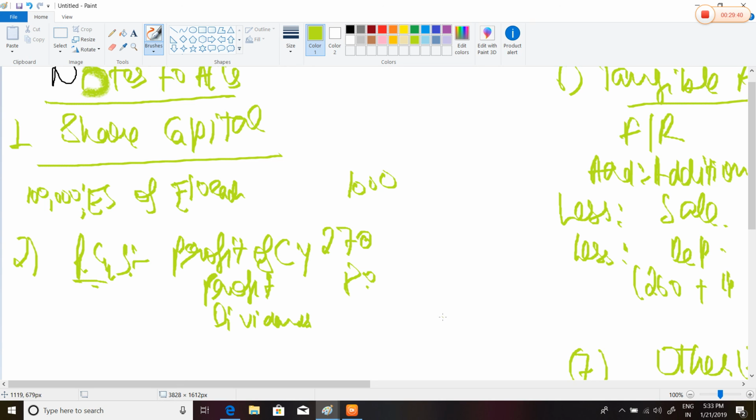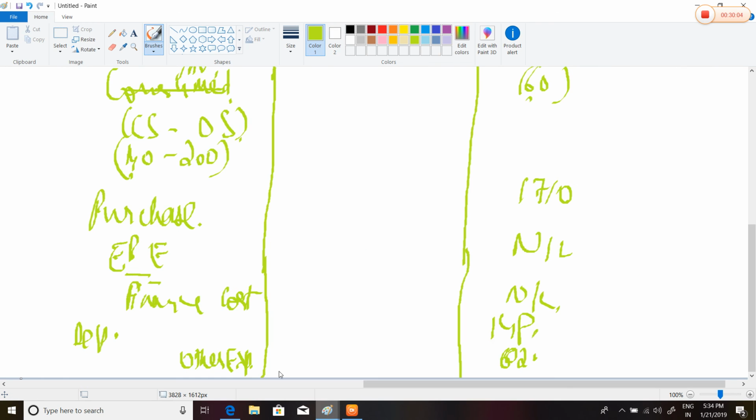Any dividends declared or not? 20% per equity share, that is 1000 into 20%, 200. Minus 200, 150 is the total. Now shift it to the balance sheet.